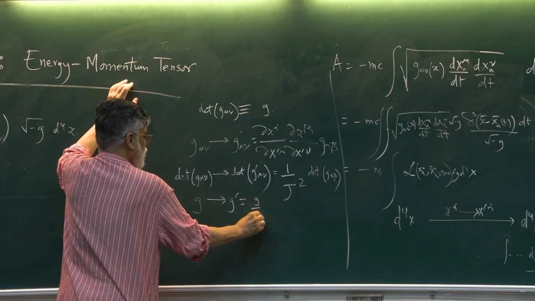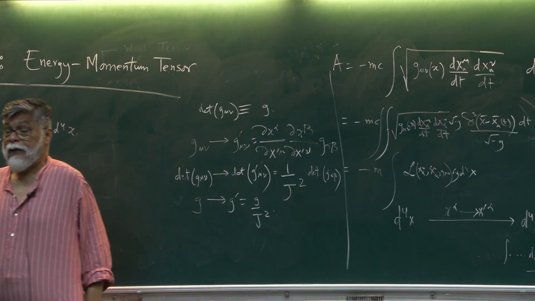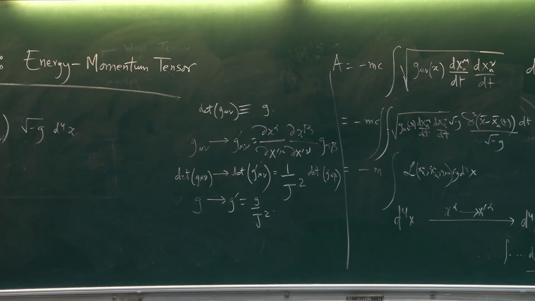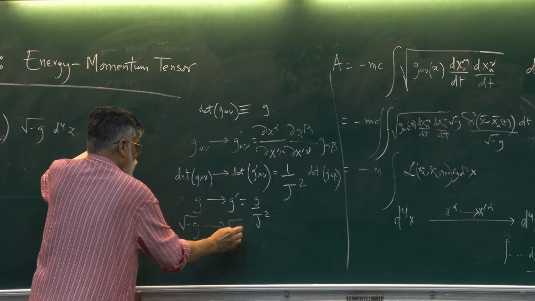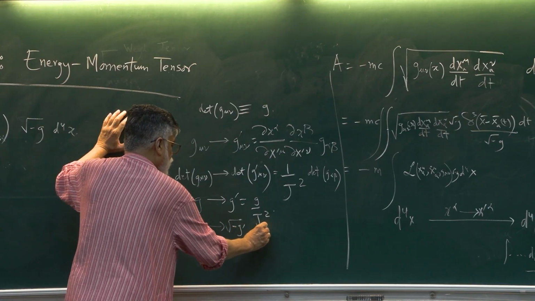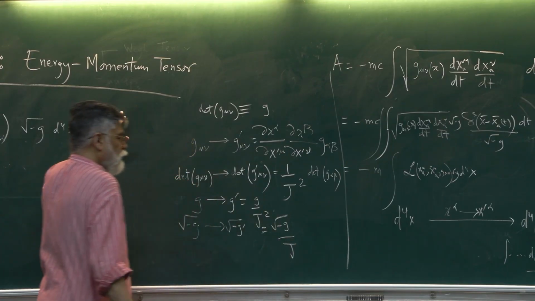g goes to g prime, which is equal to g divided by j square. And remember, we are talking about a Lorentzian space-time. The metric determinant is negative, whether you take the metric signature plus, minus, minus, minus, or minus, plus, plus, plus. So in the Lorentzian case, the determinant is negative, and therefore root minus g goes to root minus g prime, which is equal to root minus g by mod of j.